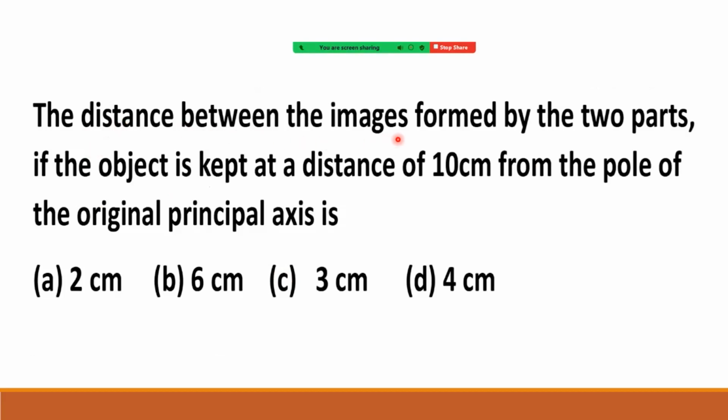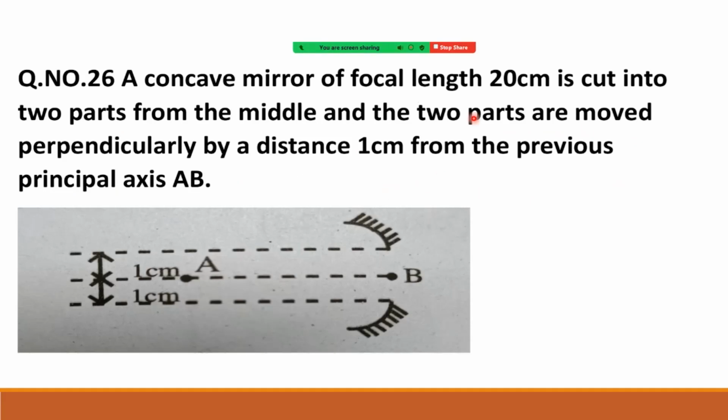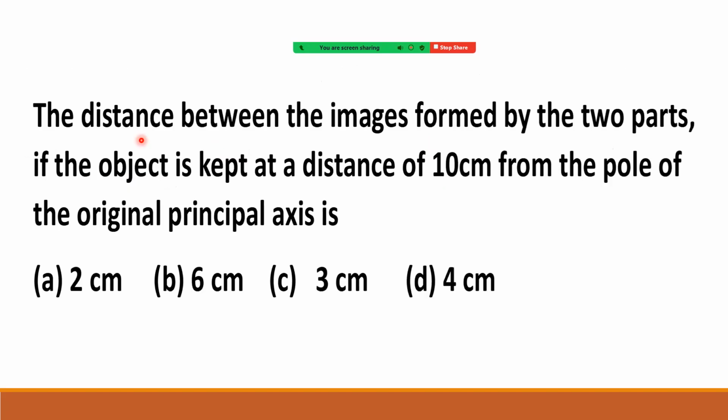The distance between the images formed by the two parts, if the object is kept at a distance of 10 centimeter from the pole of the original principal axis, is? So given distance of object 10 and focal length is 20, we are moving by a distance 1 centimeter perpendicular to the principal axis. So we have to find the distance between the images, right?